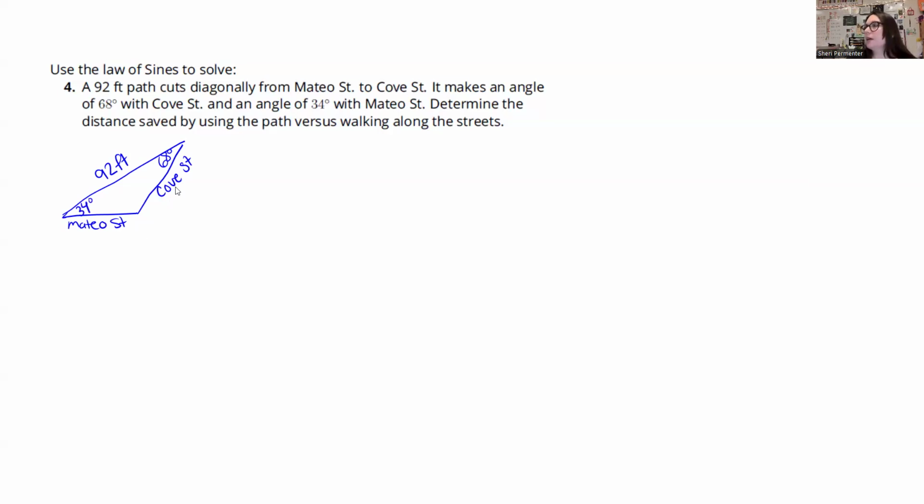What do all the angles in a triangle add up to? 180. So can't we do 180 minus 68 minus 34 to figure out this missing angle here? What is it? Yes, I agree. 78.